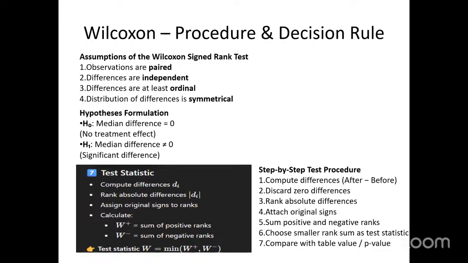I am explaining the test procedure by example. For every pair, subtract the before score and the after score. For example, in the sleeping example, the first person had, I think, 45 before and 30 after.